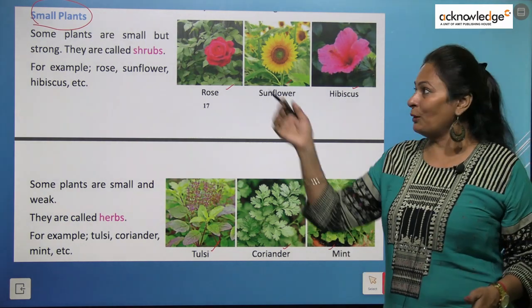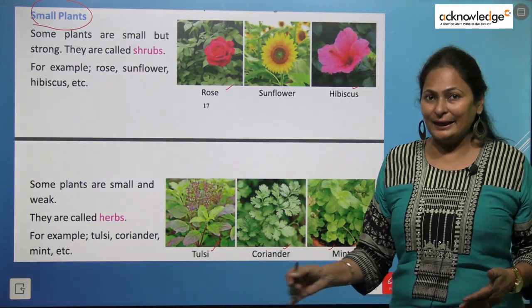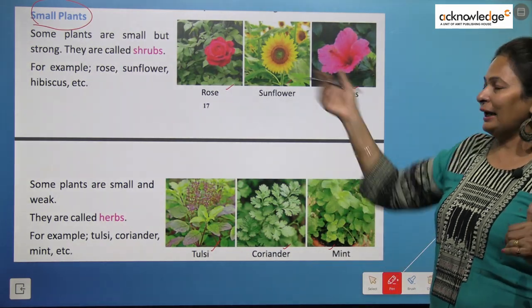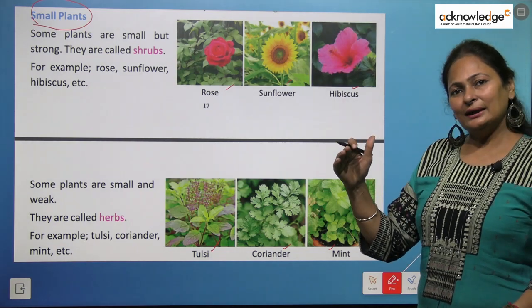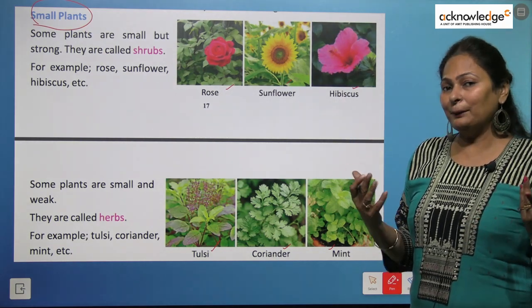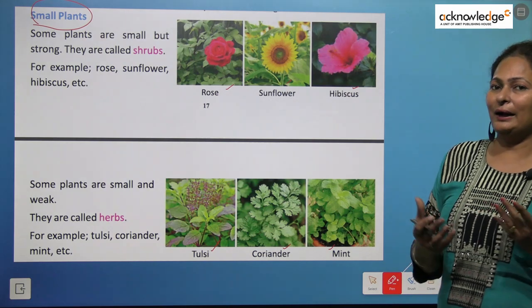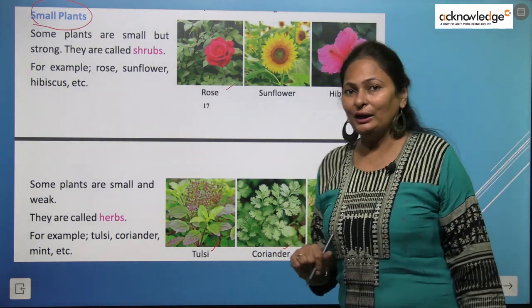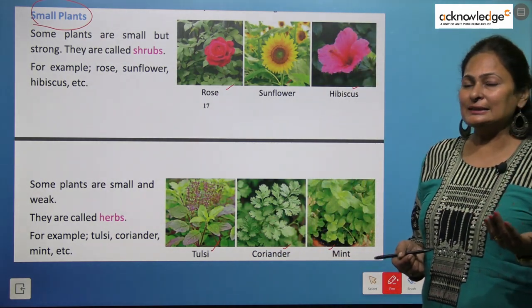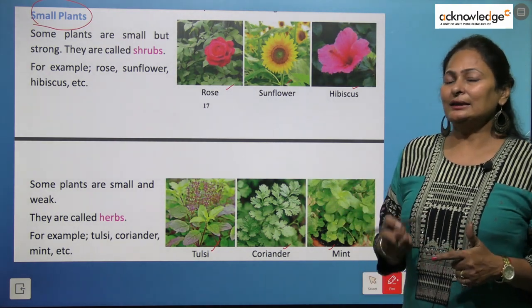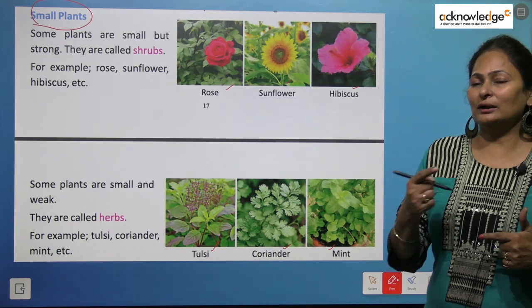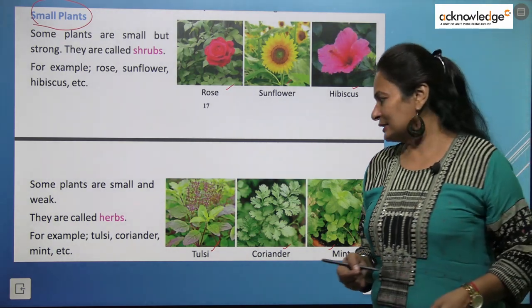They are smaller than small plants. Yes, they are not as big as small plants are. You will see the tulsi plant is not a big plant, it is a small plant but it is weak. They have a weak stem. What is a stem? We will discuss it later when we discuss the parts of the plants, right?